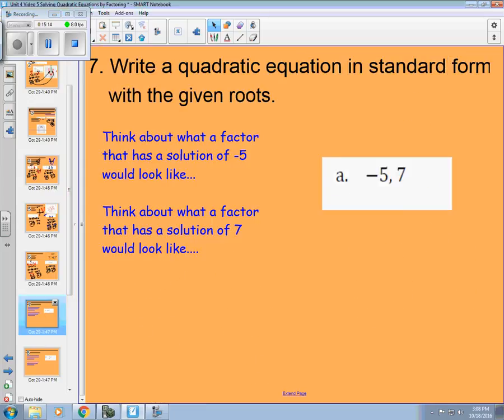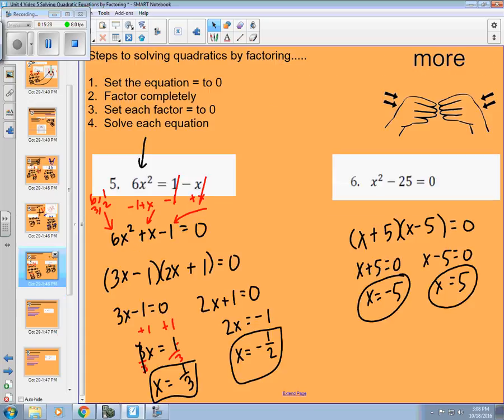Okay, number 7. This one now wants us to write a quadratic equation in standard form that has these two solutions or two roots. Okay, so this one's kind of almost working backwards from the problems that we've just done previously. For example, on the last one, they're saying the two answers are this and this. Well, look at what we did just previous to that.